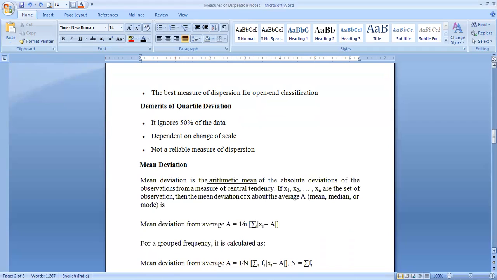Next is the mean deviation. The mean deviation is the arithmetic mean of the absolute deviations of the observations from a measure of central tendency.